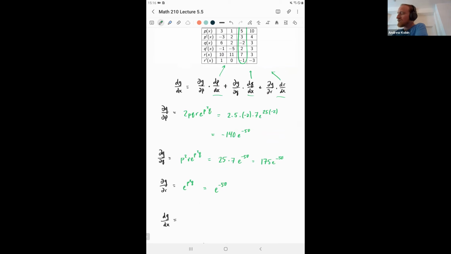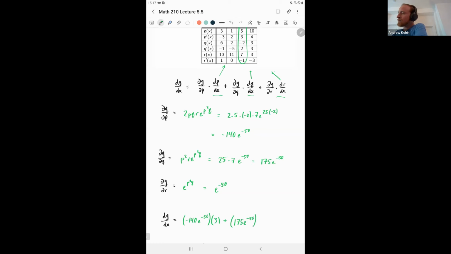So our dg dx expression, we can start expanding as follows. I'm just going to read through this formula and plug each term in. So partial g, partial p, was our -140 e to the -50 expression. And the derivative of p with respect to x, when we plug in x equals 2, is right here on the table. That's 3. Next, we'll have the partial of g with respect to q. That was our 175 expression.